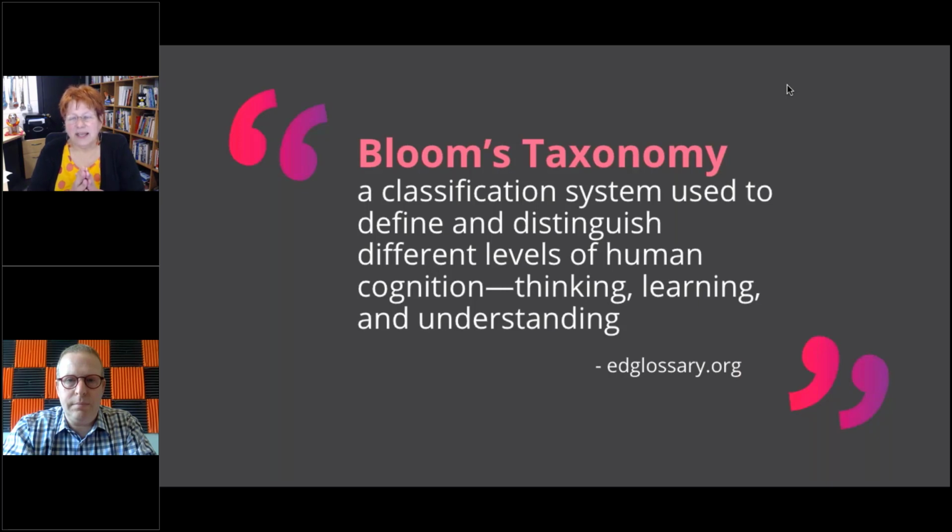So we use the taxonomy, which is a classification system, and it helps us think about different actions or verbs that need to take place to get different outcomes in our learning. They're basically verbs that tie to cognition or the way we think. And then by changing in behavior and thinking, we hope to get different outcomes.